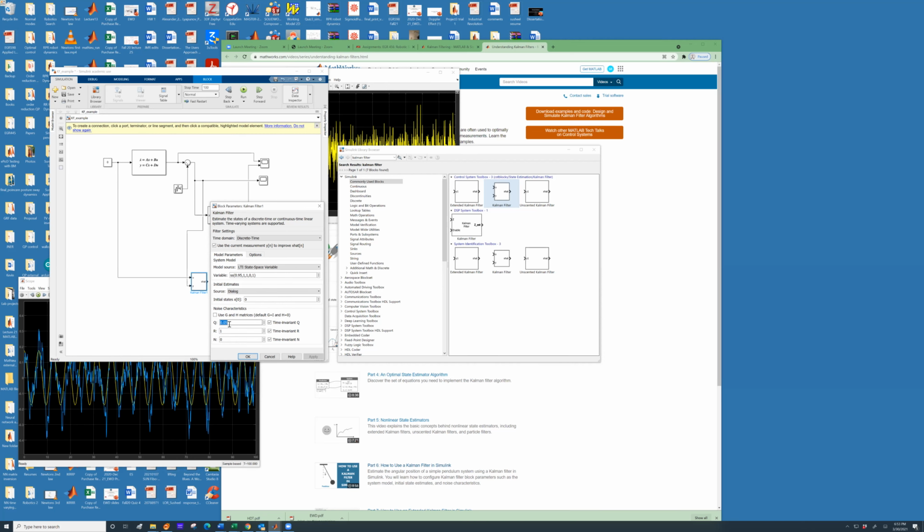Now, estimation of Q, the process noise, is difficult, but estimation of R is simple. For example, if you have a sensor, you acquire data from the sensor, and you will notice that the sensor is not going to give you a clean signal. It will be varying.